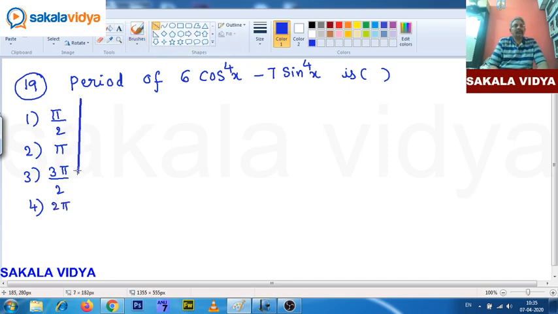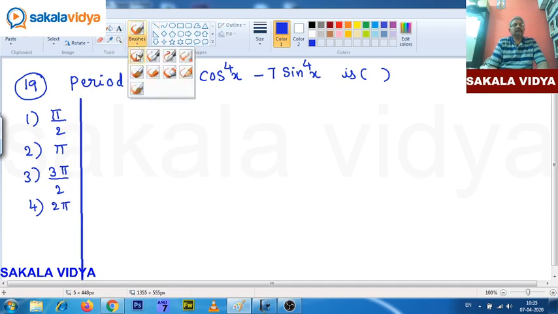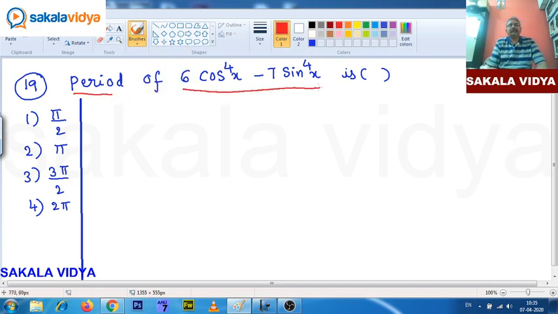Okay, this is the question. So, now the period of 6 cos x to the power of 4 minus 7 sin x to the power of 4 we need to find out.